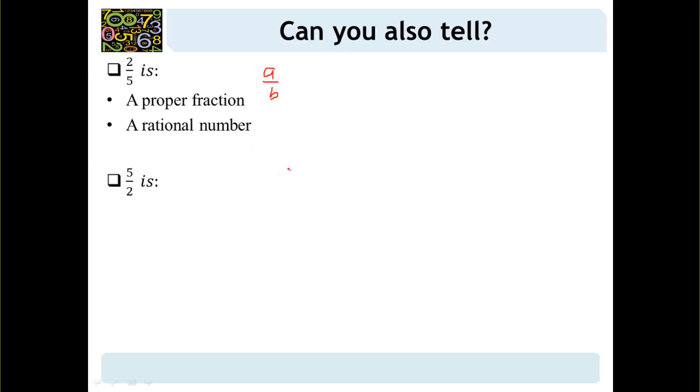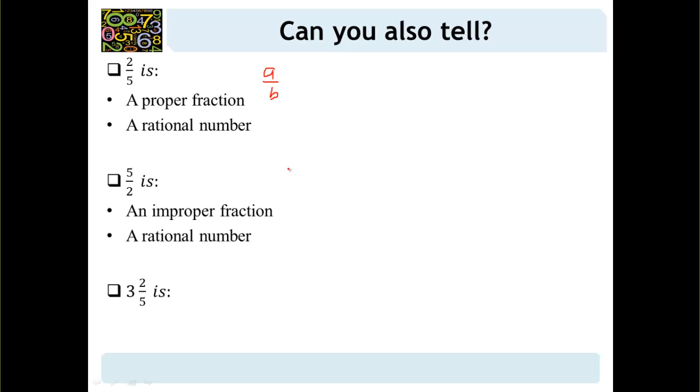Now, what of 5 over 2? It is an improper fraction because the numerator is greater than the denominator. 5 is greater than 2. 5 over 2 is also a rational number because it can be written as a over b, where a is 5 and b is 2.